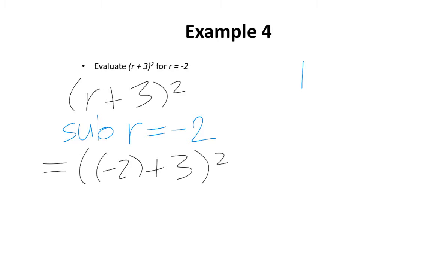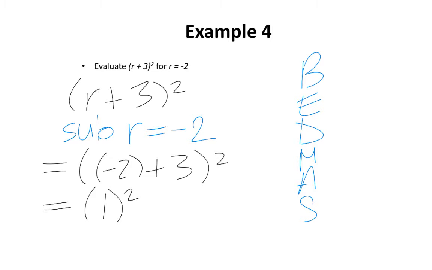At this point, you're going to need to follow BEDMAS, which means we're going to do whatever is in the brackets first, and then we're going to use the exponents afterwards. So within the brackets, you have negative 2 plus 3, which is equal to positive 1. And positive 1 to the power of 2 is just 1 times 1, which is 1.